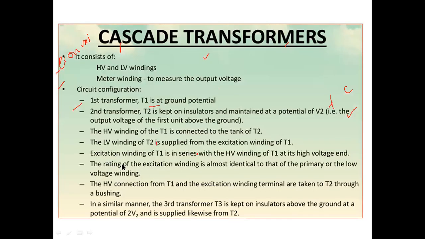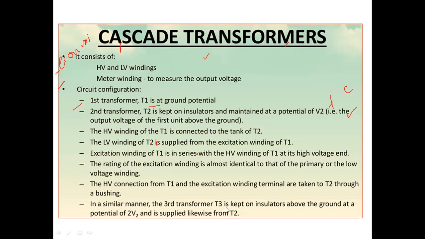The rating of the excitation winding is almost identical to that of the primary or the low voltage winding. The high voltage connection from the T1 and the excitation winding terminal are taken to T2 through a bushing. Bushing will be used in a similar manner.